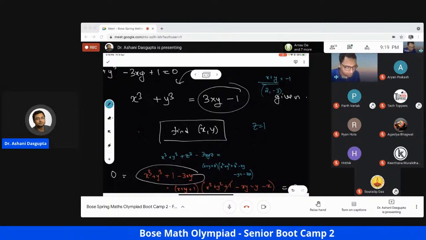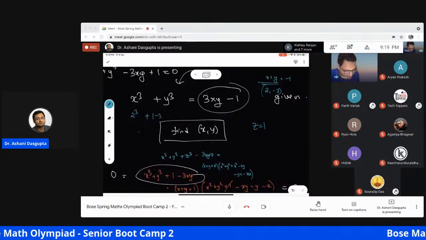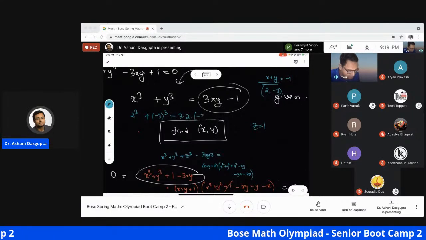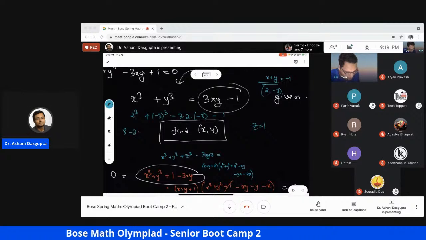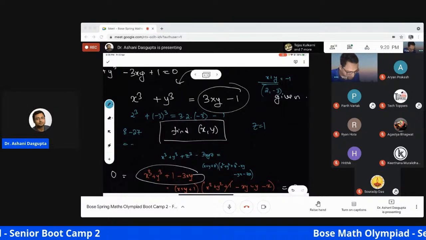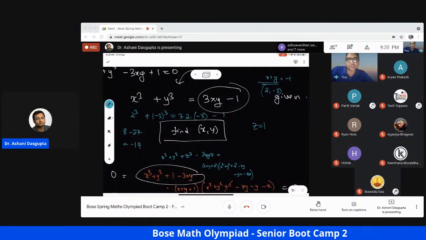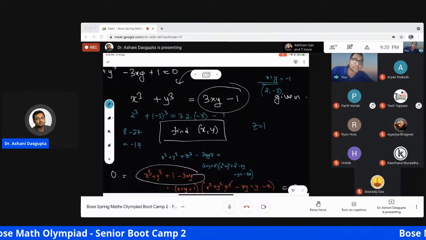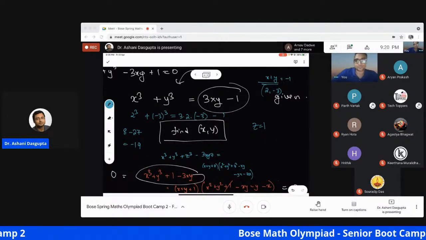So if you plug in 2 comma negative 3, you'll get 2 cube plus negative 3 cube equal to 3 times 2 times negative 3 minus 1. So you'll have 8 minus 27 is equal to negative 19, which is true, obviously, right? So you can create infinitely many solutions like this from the first parentheses.